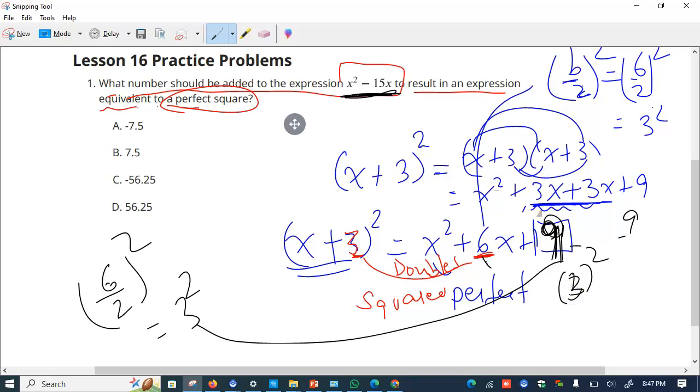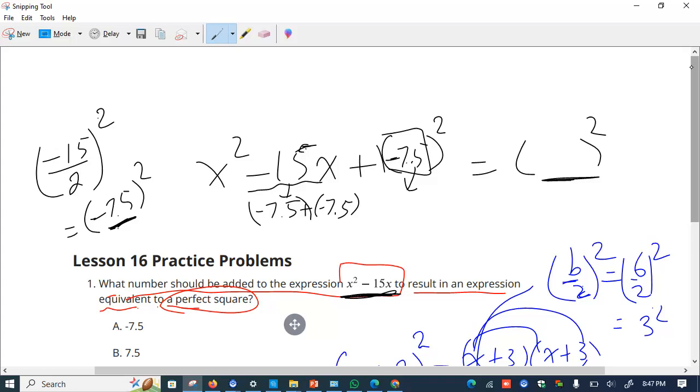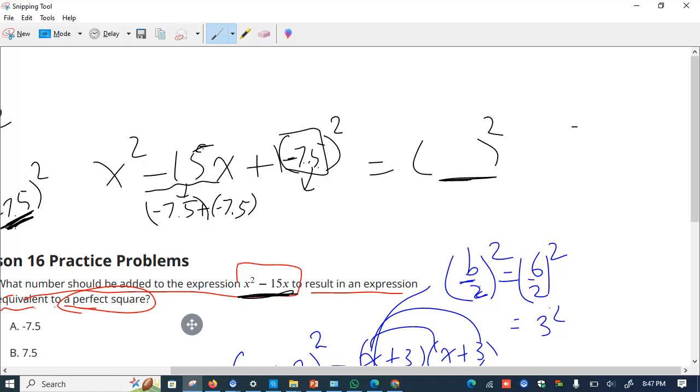Now let's go back to the one that we did. So all you do is half of that, minus 7.5, and if you multiply negative 7.5 by negative 7.5, twice, so 7.5 multiplied by 7.5, 5 times 5 is 25, 7 times 5 is 35, 3 carry, and 7 times 7 is 49, 50, 51, 52.